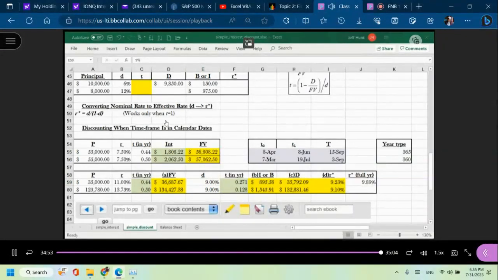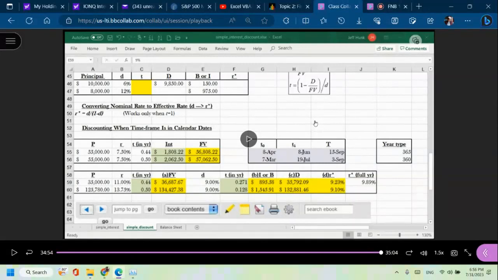Okay, so the next topic. All right, that wraps up everything about factoring or simple discount. It needed an extra session to understand what a promissory note is and how it works, and how accounts receivable works.